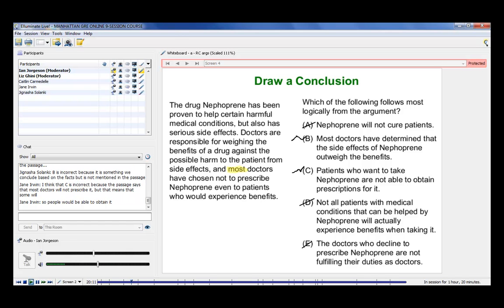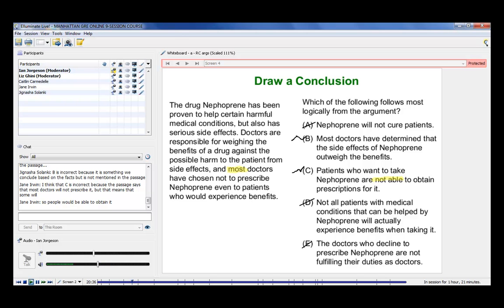Most doctors have chosen not to prescribe it. Does that mean patients will not, right? They don't say most patients. They don't say will have a hard time obtaining it. They say patients will not be able to obtain it. C is making a statement of absolutism. It's saying that patients can never get this drug.